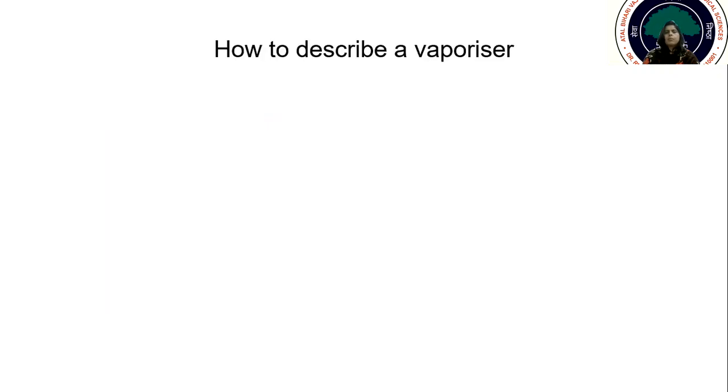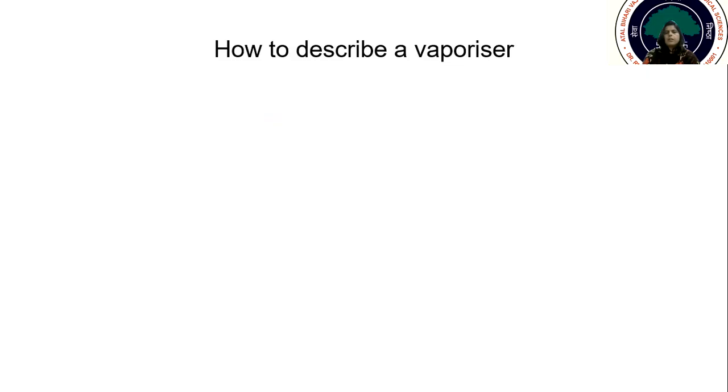Now, why is it important? These 6 points which I have told you, in case you are provided a vaporizer in the exam, on the basis of 6 points, you can tell about the vaporizer, and then further you can start the detailing of the vaporizer.